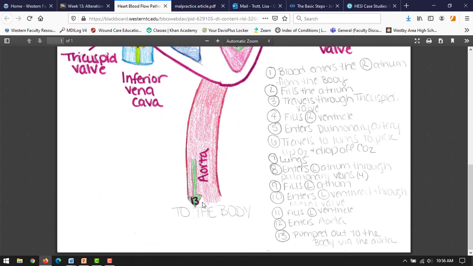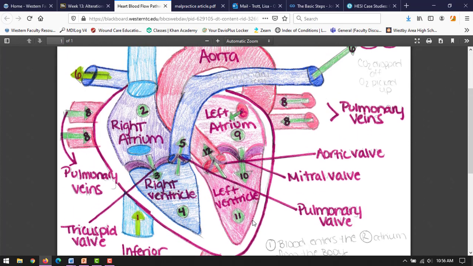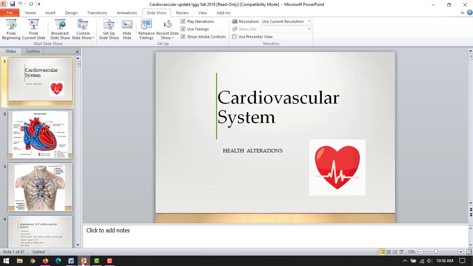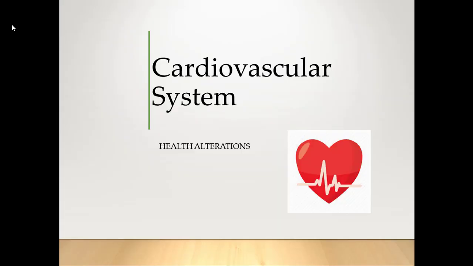From there, it also goes down here as well. So review that. That will help you understand a little bit more of the anatomy of it.